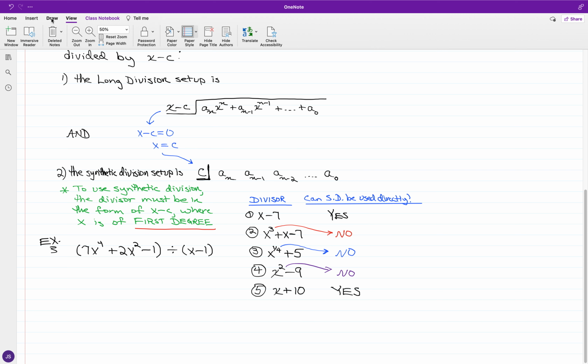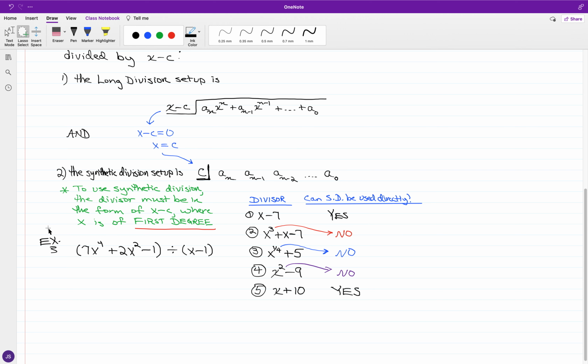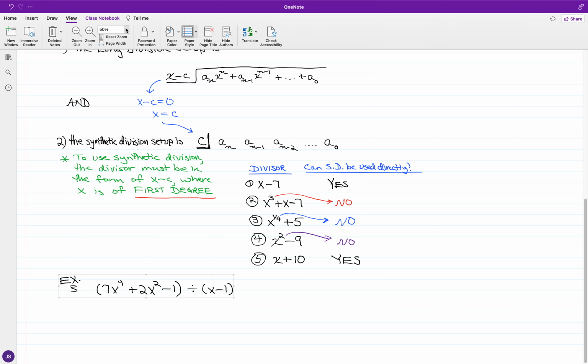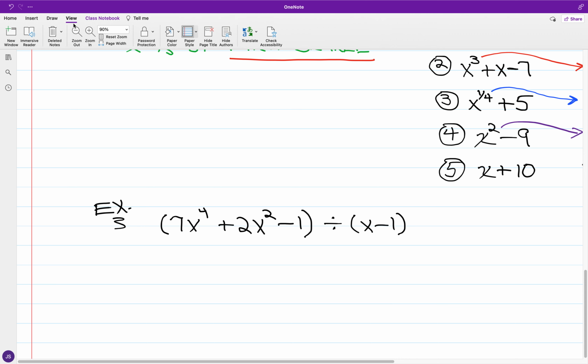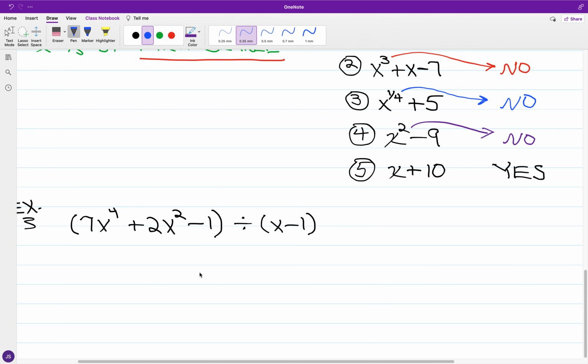All right, now looking at the example where we have a fourth degree polynomial divided by the binomial x minus 1. For the case of long division, so I'm going to use LD for long division, we have the divisor x minus 1, and we have 7x to the fourth.